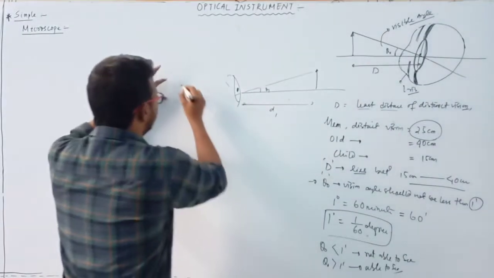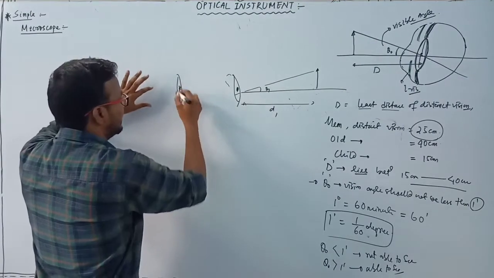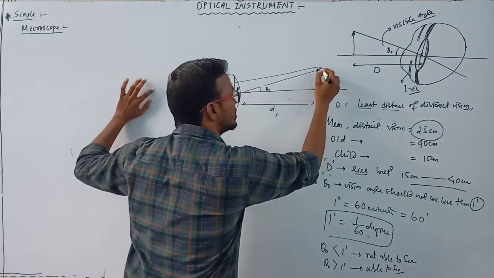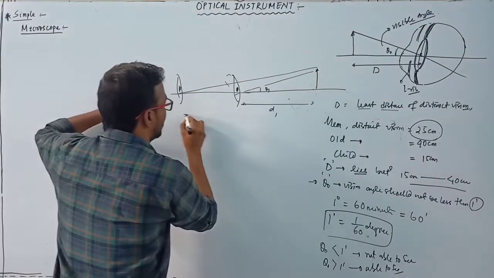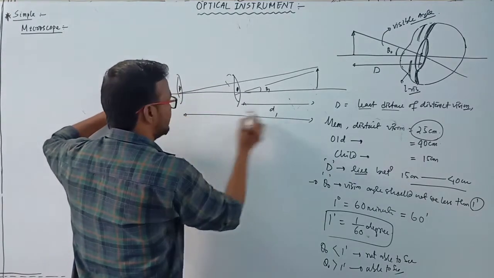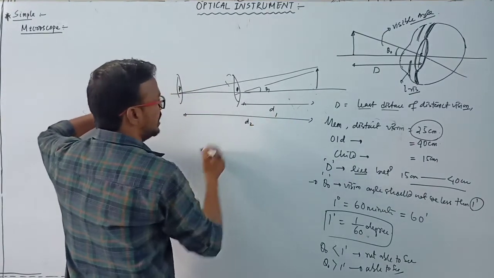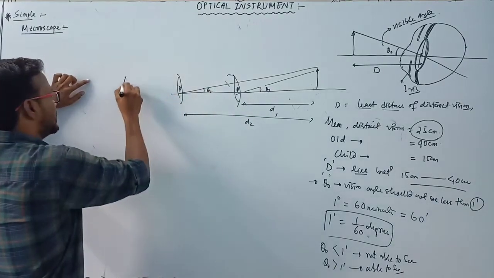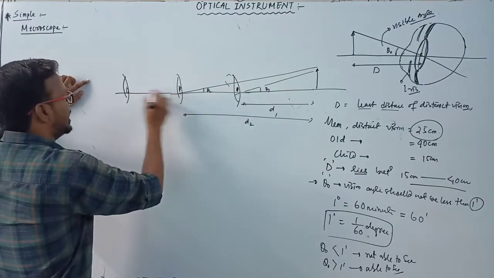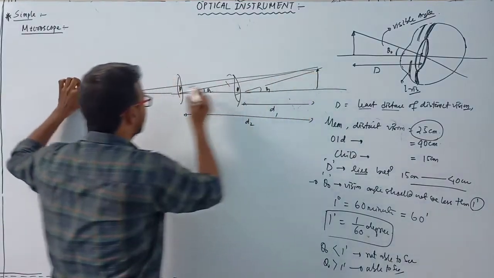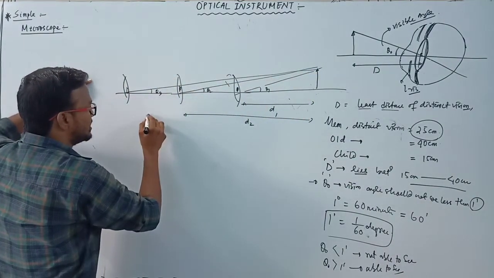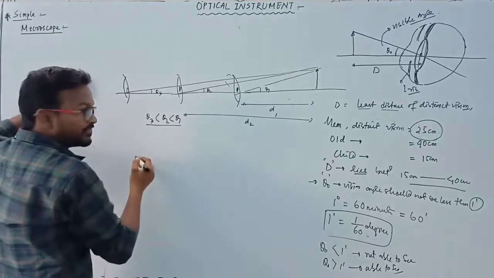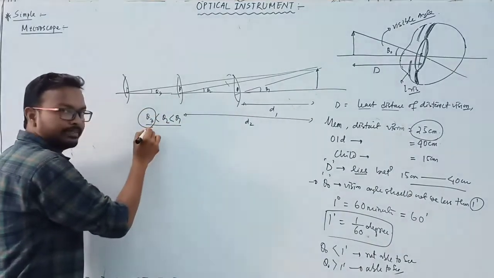If we observe again from here, the object is at the same position, but now this distance is greater than the first distance, which is d2, and this angle is theta 2. If we take the observer further, this angle decreases again to theta 3. That means theta 3, theta 2 and theta 1. Clear? And this is the final theta 3.